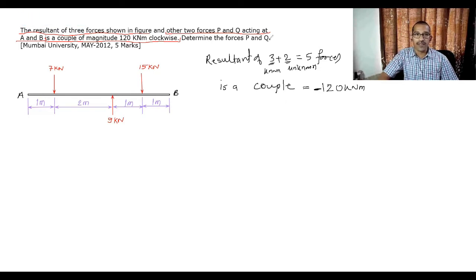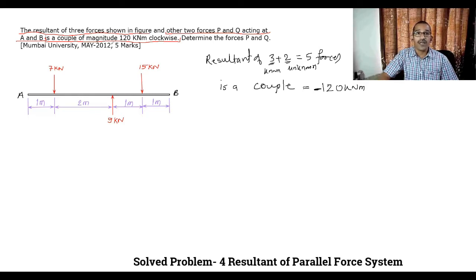Again I will read. The resultant of the 3 known forces shown in the figure and the 2 unknown forces P and Q acting at A and B, 3 plus 2, 5 forces, is a couple of magnitude 120 kilonewton meter clockwise.